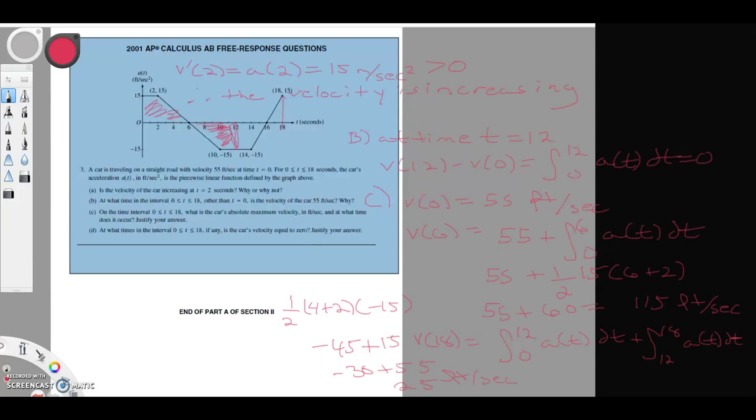So this has to be your max at t equals 6.